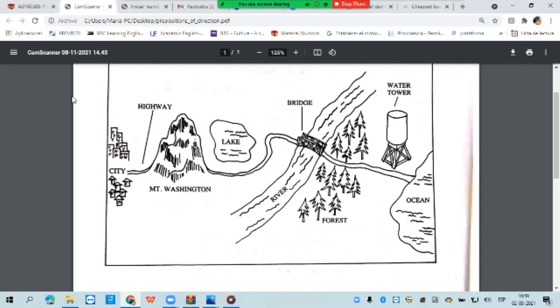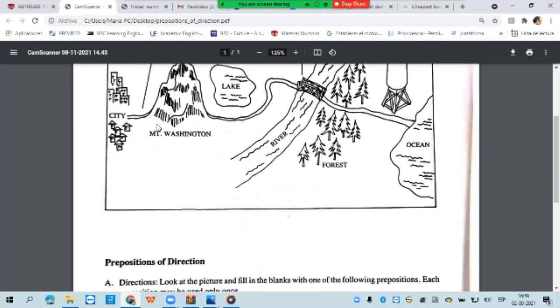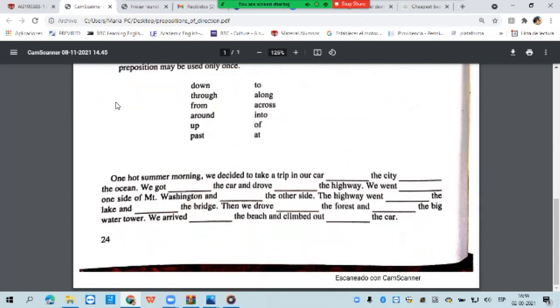What is the word you use when you want to get to the origin of something? From. That's why the question is, where are you from? I'm from Chile. That's the origin of where something starts. So from the city to the ocean. One hot summer morning, we decided to take a trip in our car from the city to the ocean.